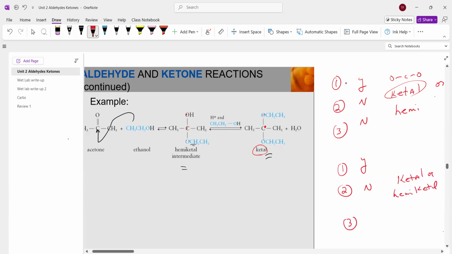Number three, is OH present? Yes. That means it's a hemiketal. Now, the ketal means it comes from a ketone. Acetal means it comes from an aldehyde, okay?